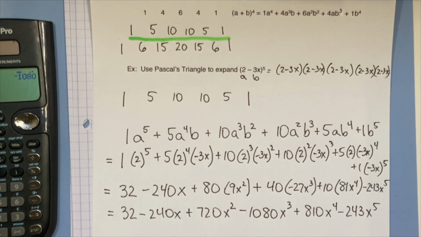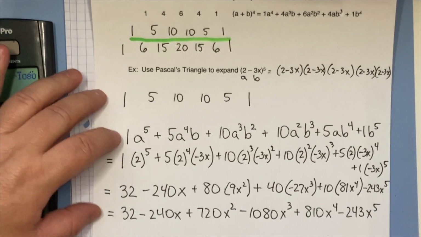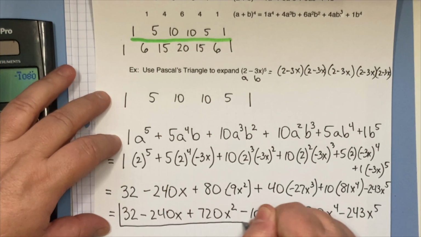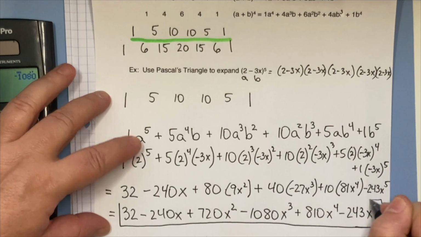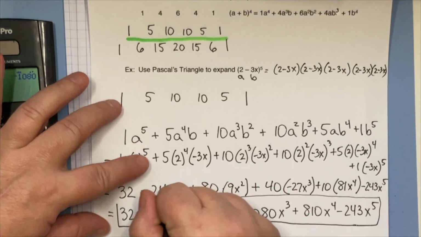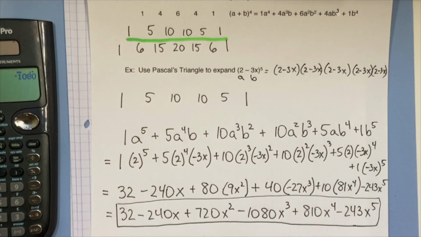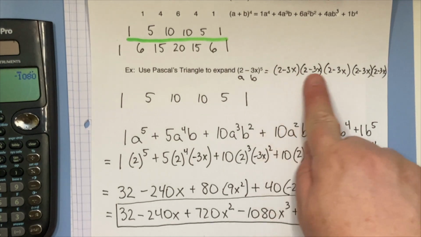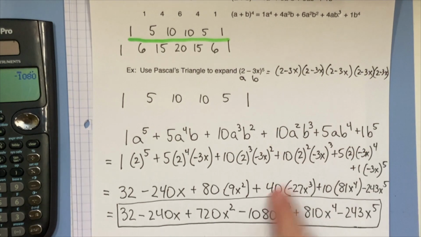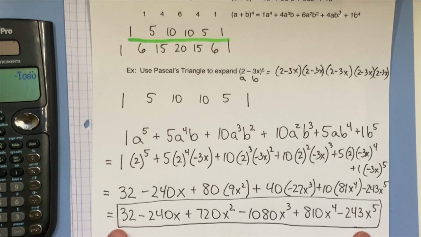Ugh, that is a lot. And granted, that's not necessarily the most fun you might have ever had in your life. But if you try to imagine how miserable this would be multiplying it out, because you would get these same values, but you would also need to be combining like terms.